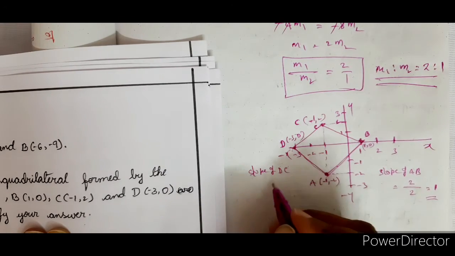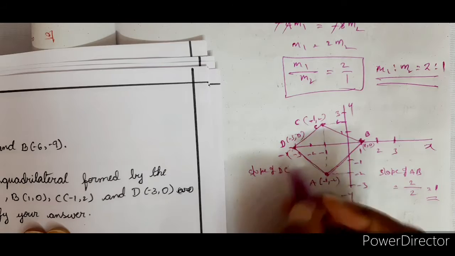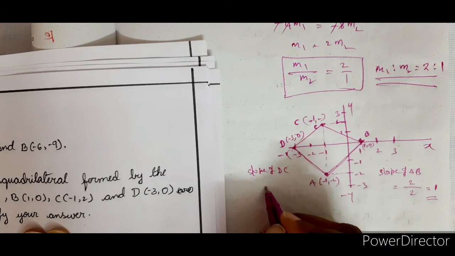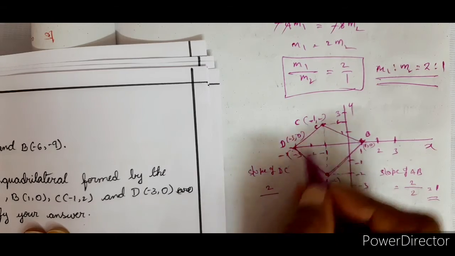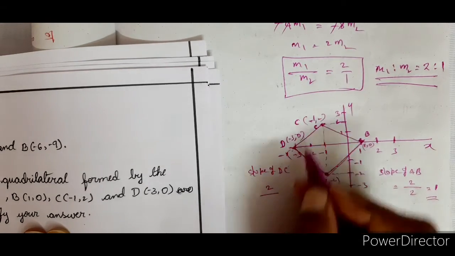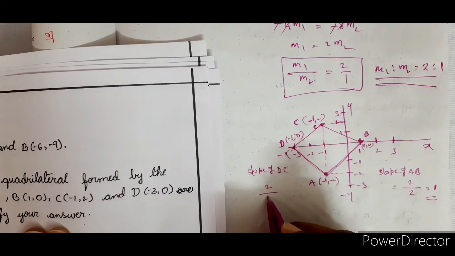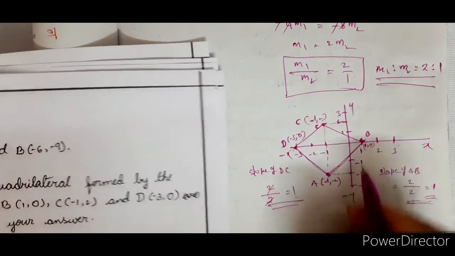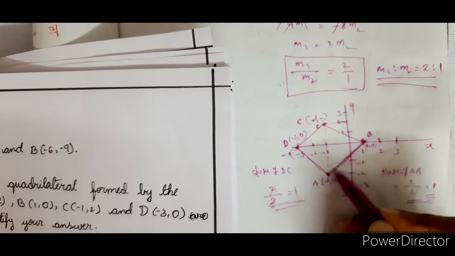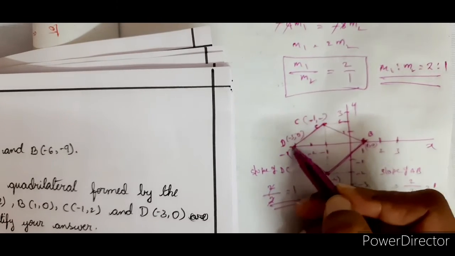That is 2 minus 0 is 2, divided by minus 1 plus 3, which is plus 2, which is equal to 1. So the slopes are equal. That means this particular line is parallel to this.